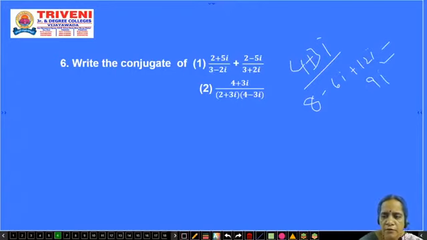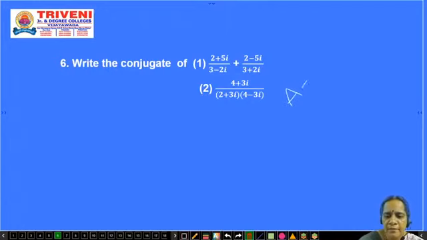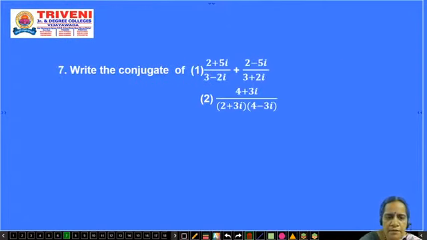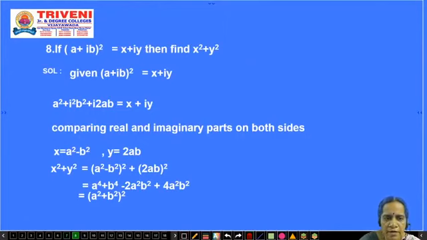This also we have to write here as 4 plus 3i by 8 plus 9, that is 17, minus 6i. Then rationalize the denominator, then convert into a plus ib form. Then you have to write the complex conjugate of that one. Okay, and the next one is also the same: 2 plus 5i by, rationalize the denominator, then you have to convert into a plus ib.